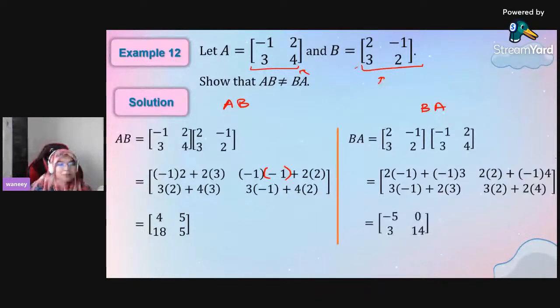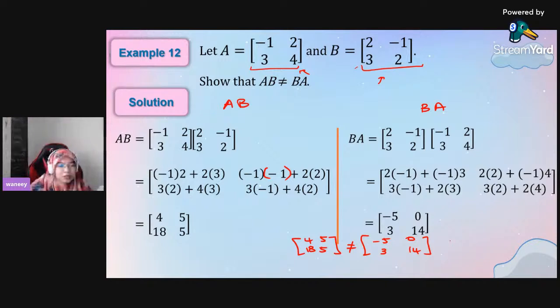So it will become -5, 0, 3, 14. Okay, so what you can see over here is that 4, 5, 18, 5 is not equal to -5, 0, 3, 14, which means AB is not equal to BA.